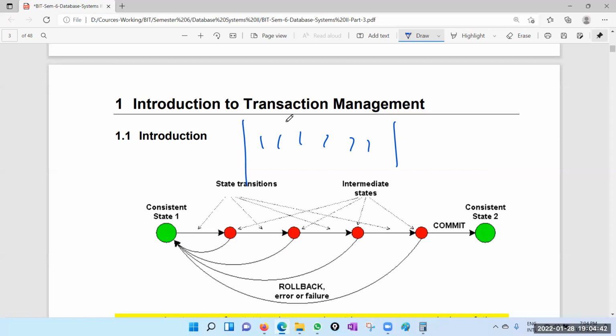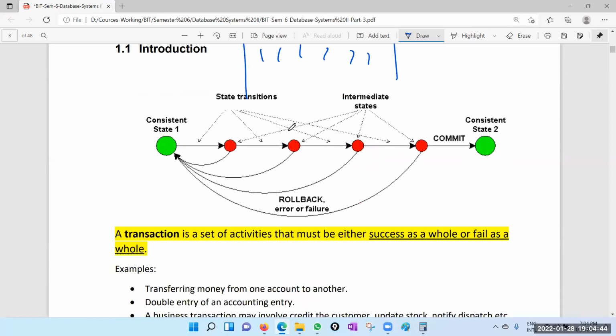We use a bit of terminology here. We have the starting of a transaction and the ending of a transaction. Individual activities happen in between, and at the end we commit the transaction, which means everything is successful. But if at any point a particular action fails, then we have to roll back.